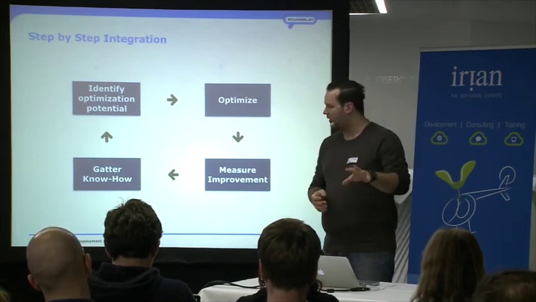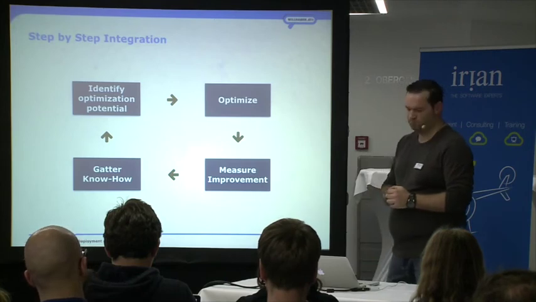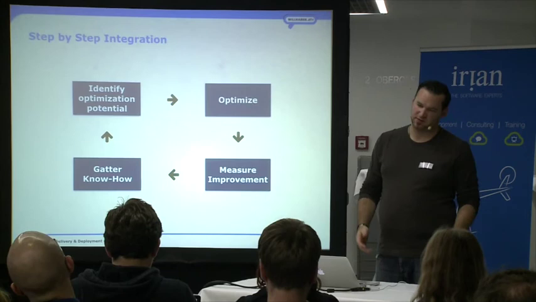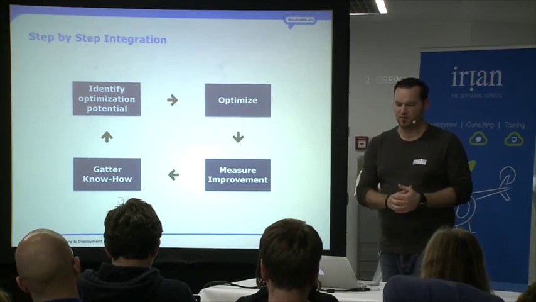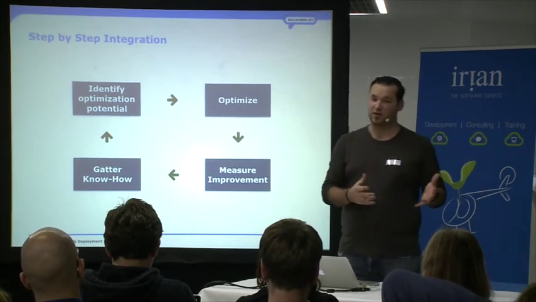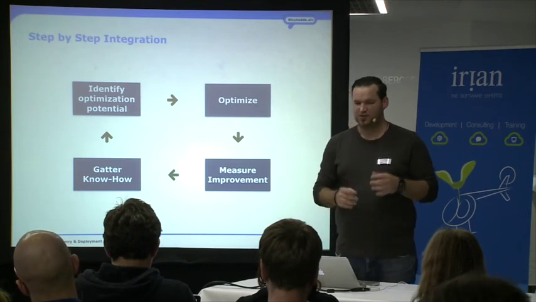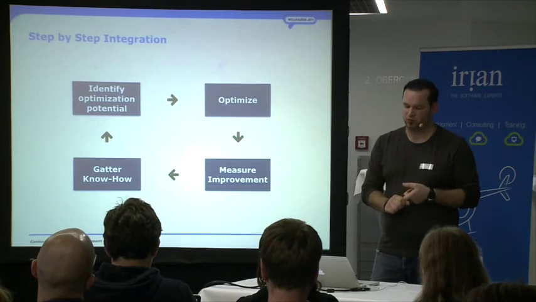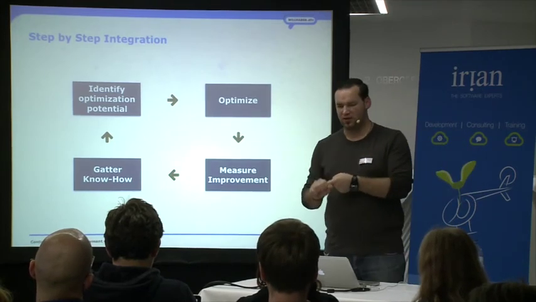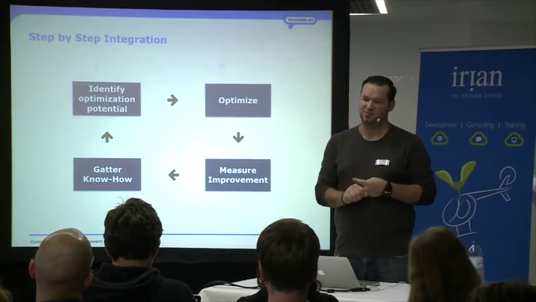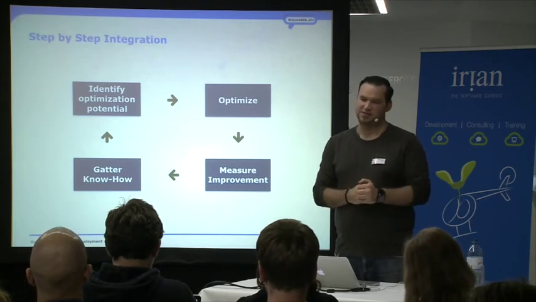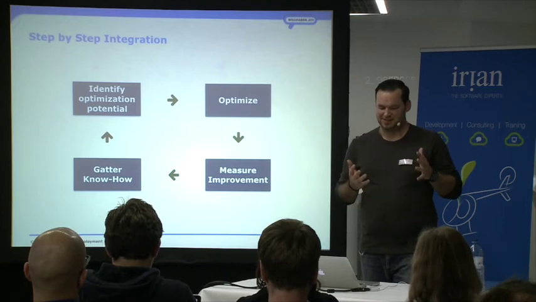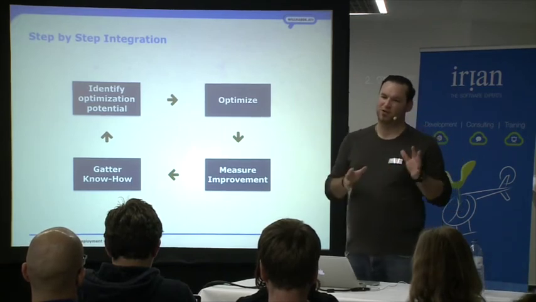So if you think about all those things, it's always a step-by-step integration. You cannot use continuous delivery right out of the box, or integrate it very easily in your company. There are a lot of things you have to talk about with your guys in a project. There is not just organizational stuff, but a lot of technical stuff. And my experience tells me that the technical stuff can always be solved somehow, but there is no single recipe that works on every project.